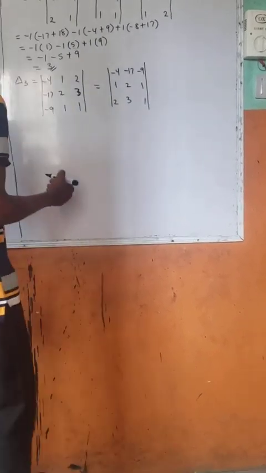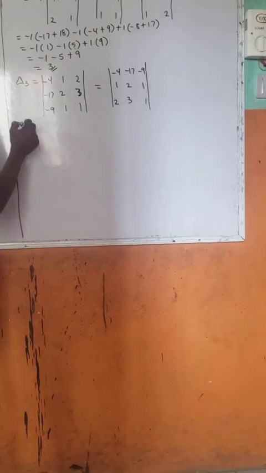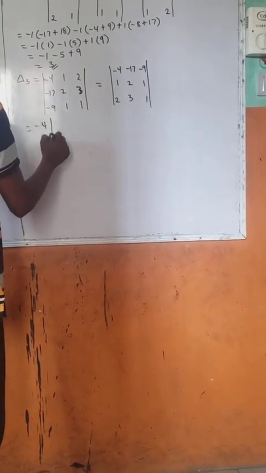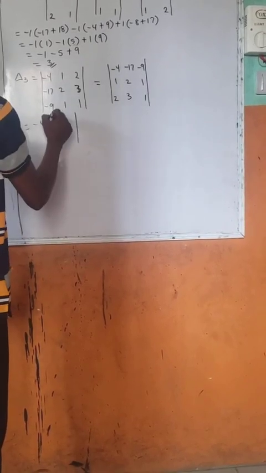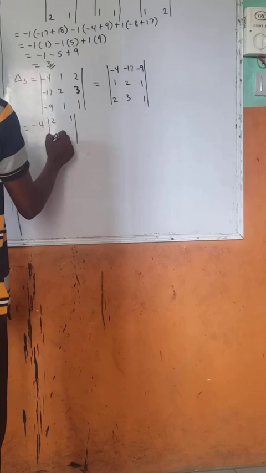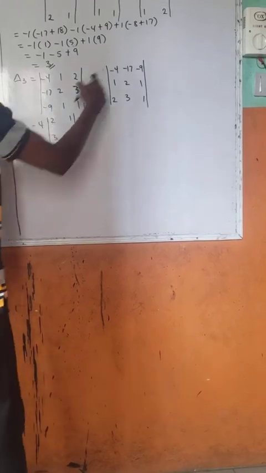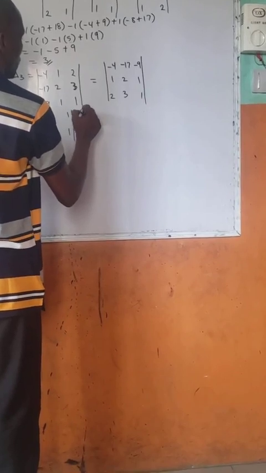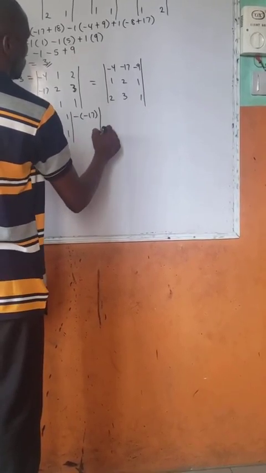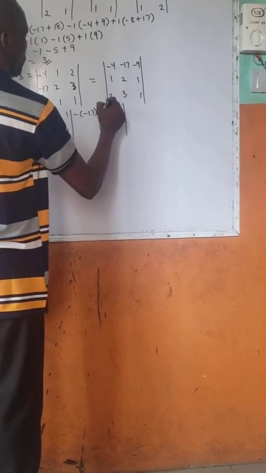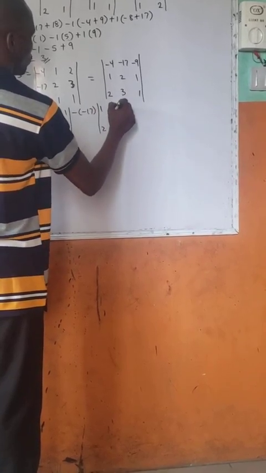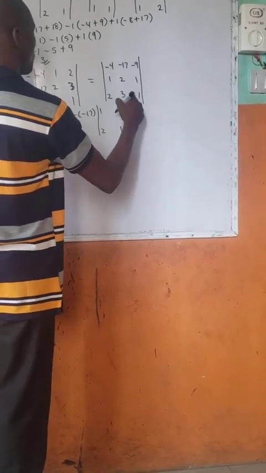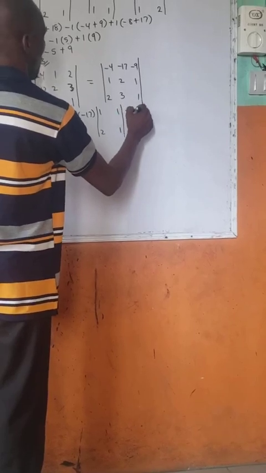So let's look for the value. From here, we have minus 4, 2, 3, 1, 1, plus minus plus, minus 9.